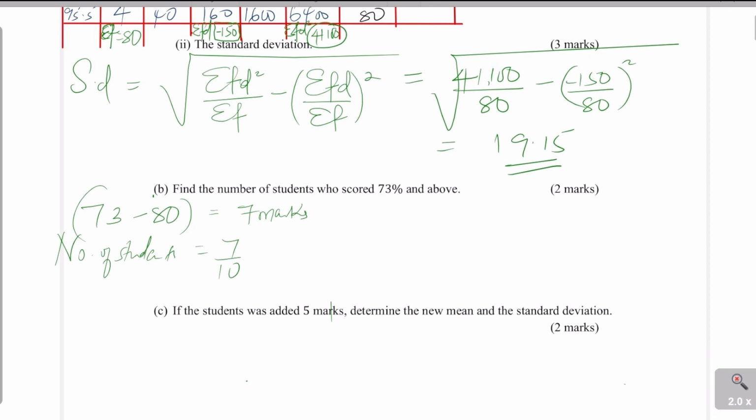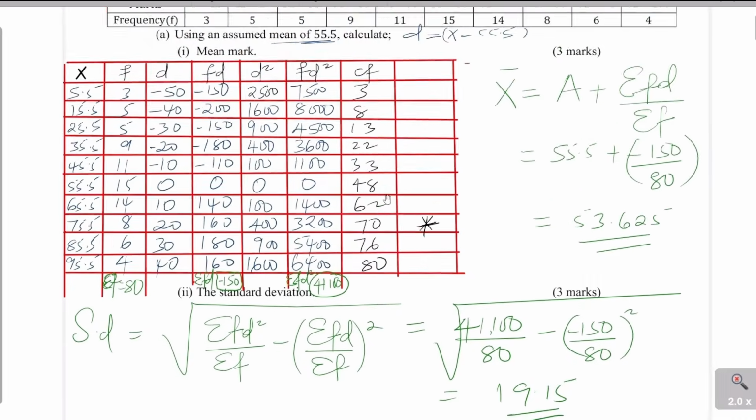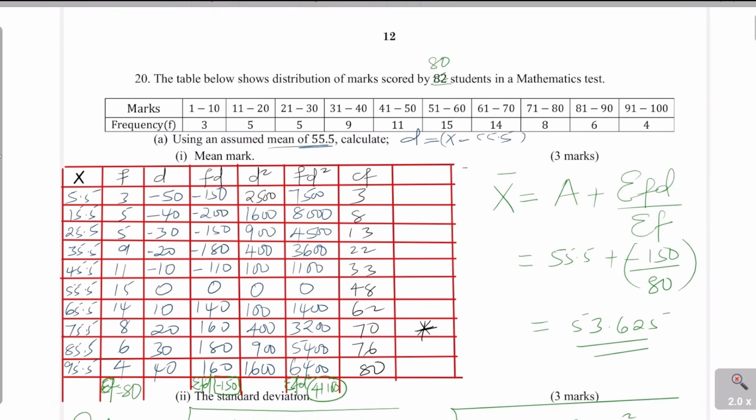This is 7 marks, then the class size, total number of marks in that class, is 10 marks. We multiply by 8, because you can see the frequency of that class is 8.